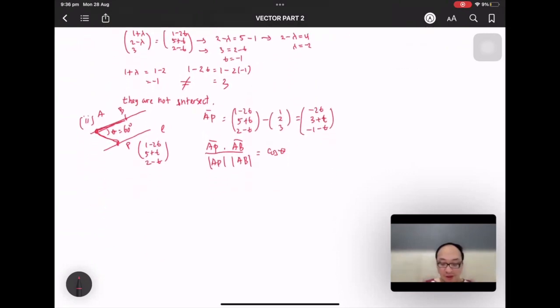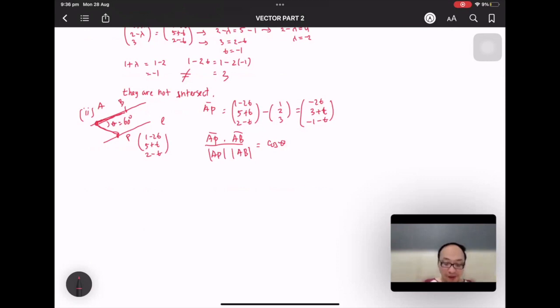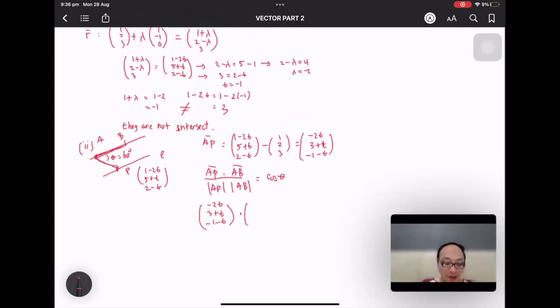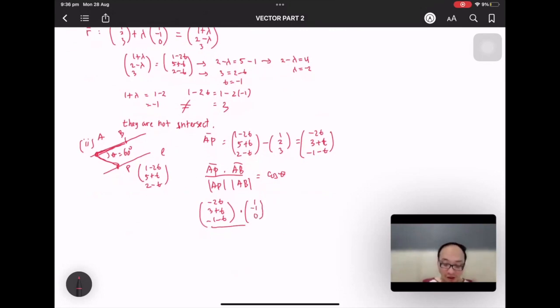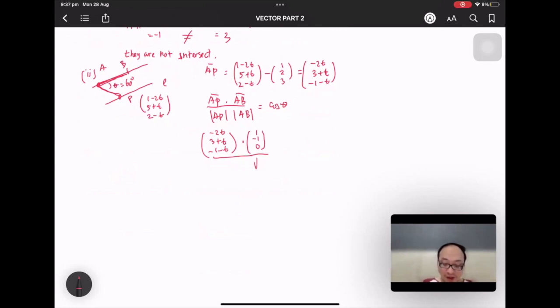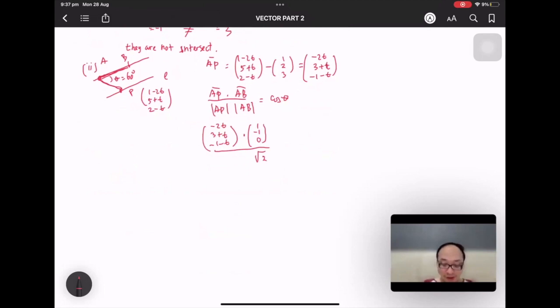From here, we have AP as minus 2t, 3 plus t, minus 1 minus t, dot AB, where AB is 1, negative 1, 0, over the square root of 2, times the square root of minus 2t squared plus 3 plus t squared plus negative 1 minus t squared, equals cos 60. So this is half.